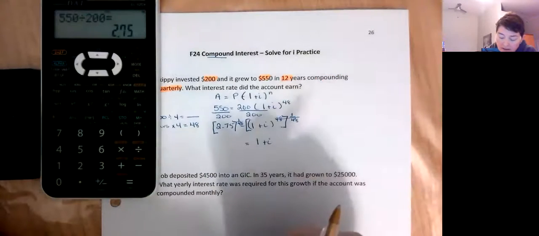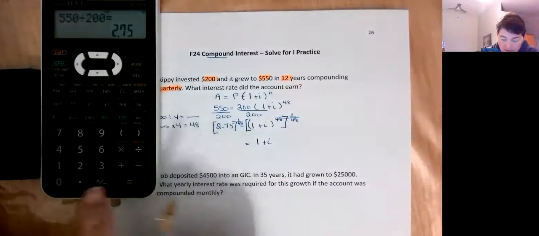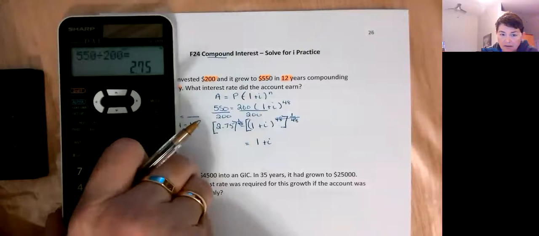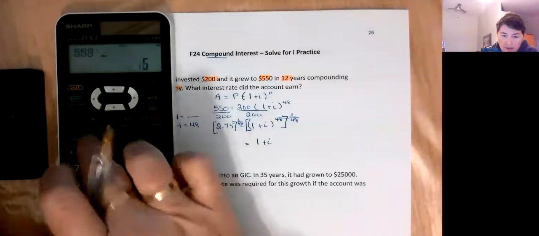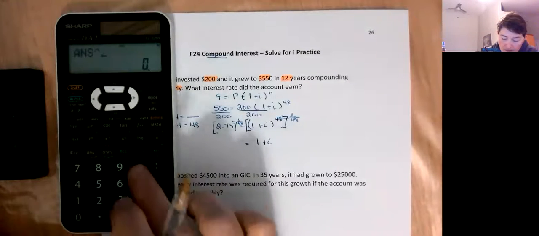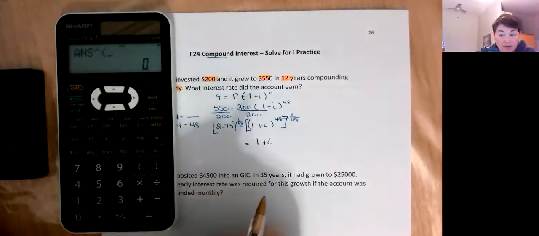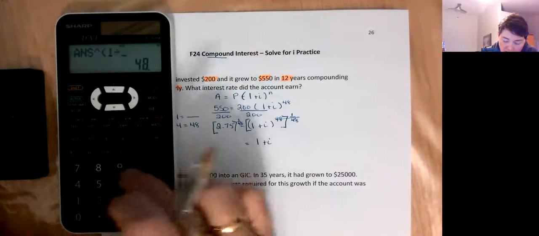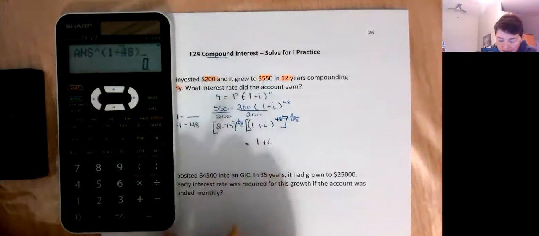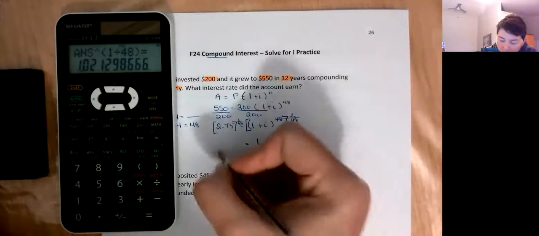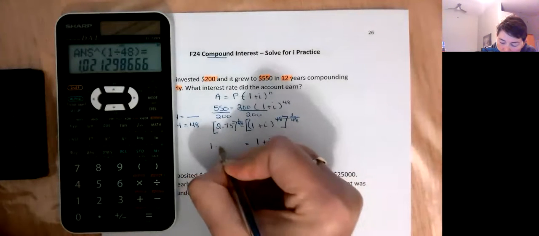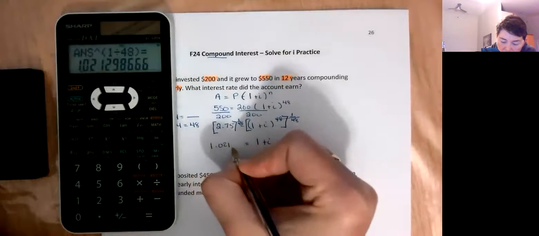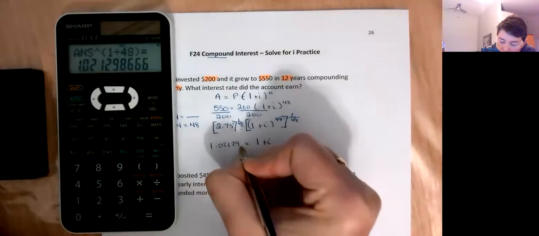So on this side, the easiest way to do this, I already have 2.75 in there. I'm going to use my exponent key, and then I'm going to go bracket, because almost everybody's calculators, even the cheap dollar store ones, have that on it. 1 divided by 48. I'm going to close my brackets, and then I'm going to hit equals. 1.02129, I'm just going to dot.